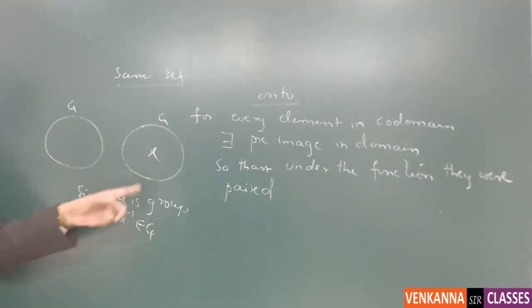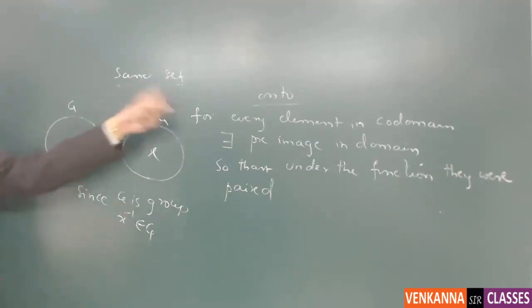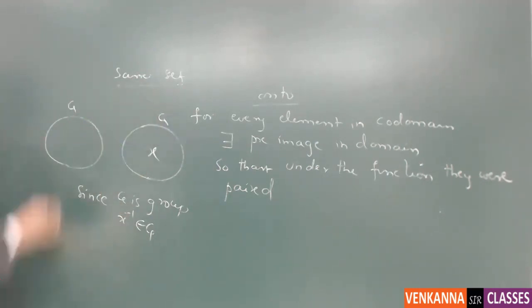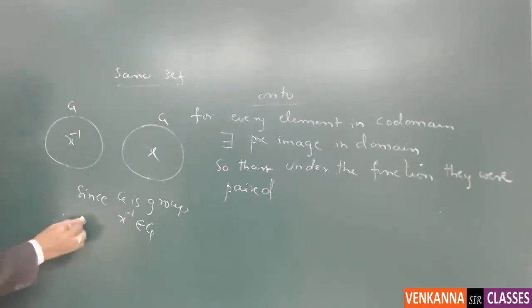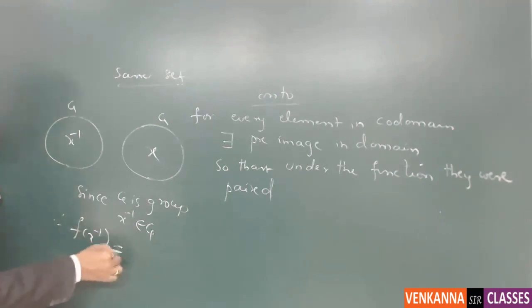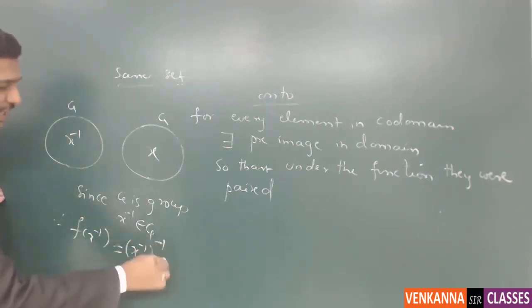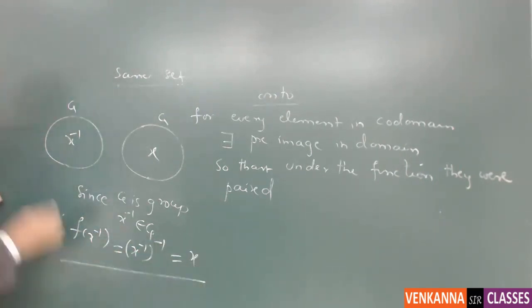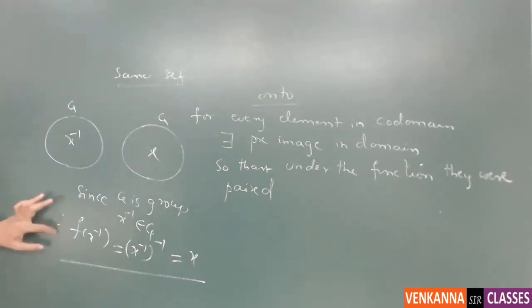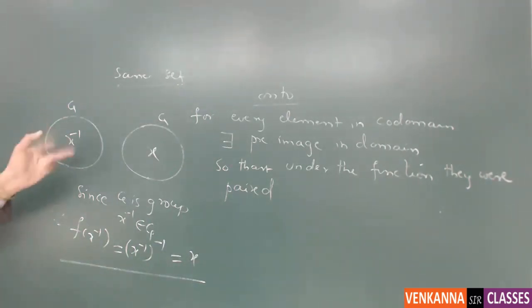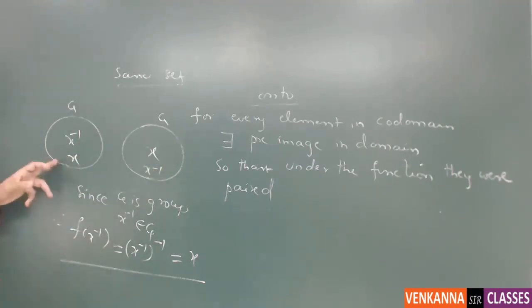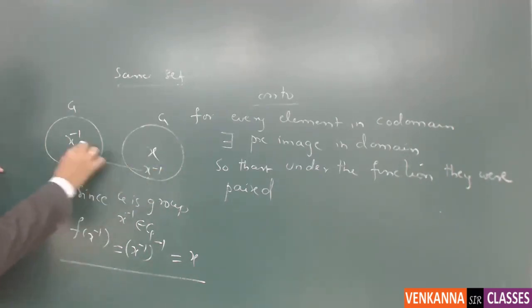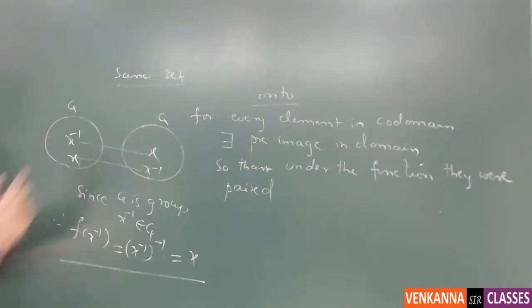Both sets it will be there because you have taken the same set. So for this, the pre-image is X inverse. So if you consider f of X inverse, from the definition, it is X inverse whole inverse, nothing but X. This is the ideology. So if you have a confusion, if you take X inverse here, the pre-image will be X here. So that these are get related under the function.